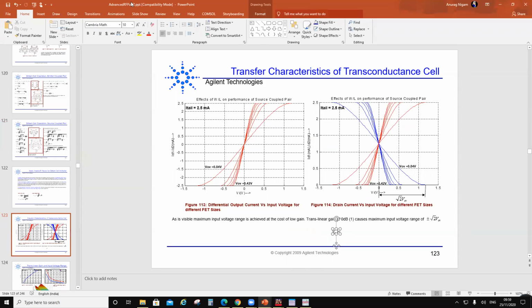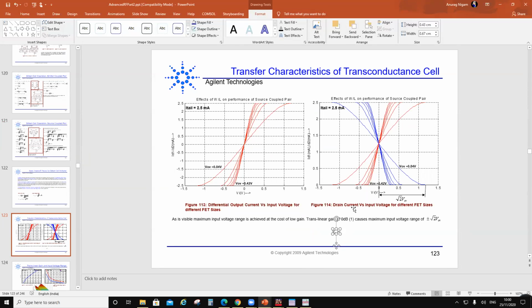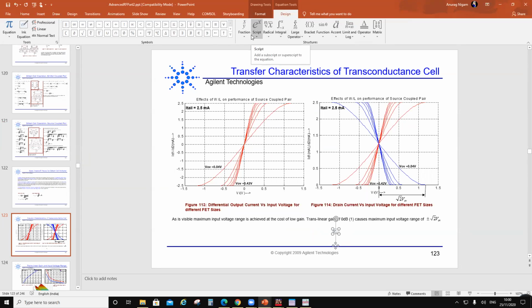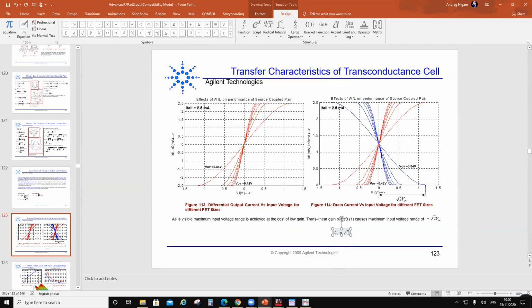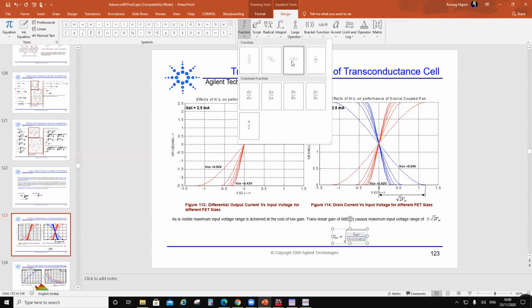So this thing is going to be equal to the square root of some fraction, which will be the tail current, I tail, divided by mu n COX, and then I would put a bracket here, W by L. So don't worry, you don't want to get confused.